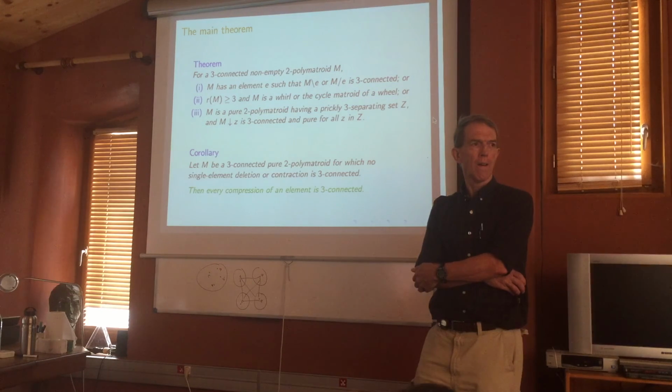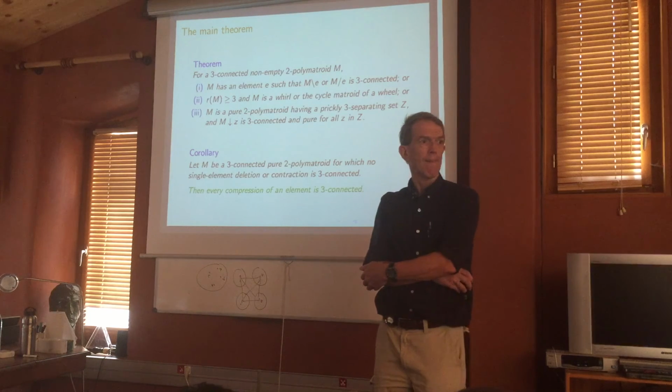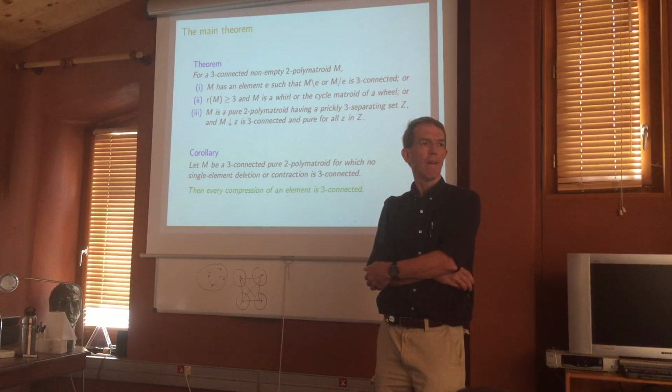So there's another operation you can do on two-polymatroids, a sort of simplification, where when you get these rank 2 elements sticking out, you could always replace them by points, which is quite natural because you're not changing the connectivity function or any representability property.